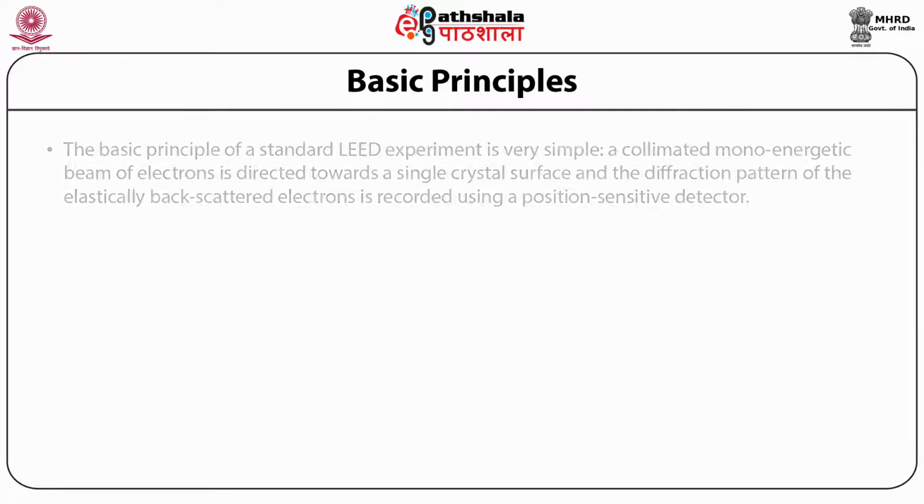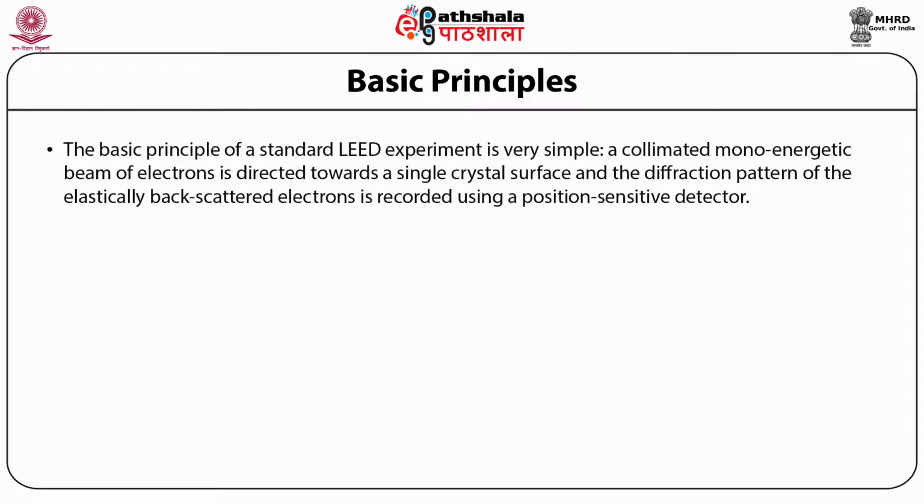Basic principle. The basic principle of a standard LEED experiment is very simple. A collimated monoenergetic beam of electrons is directed toward a single crystal surface, and the diffraction pattern of the elastically backscattered electrons is recorded using a position sensitive detector.